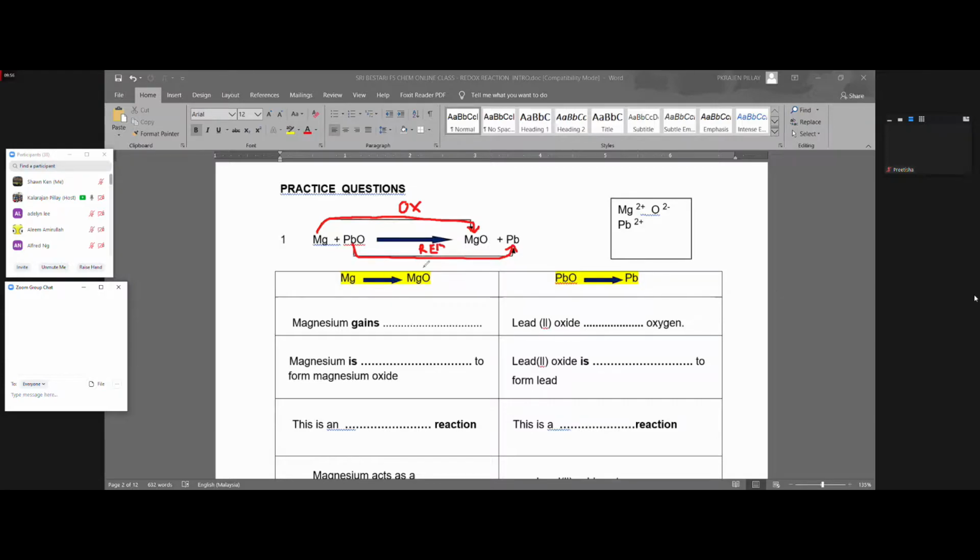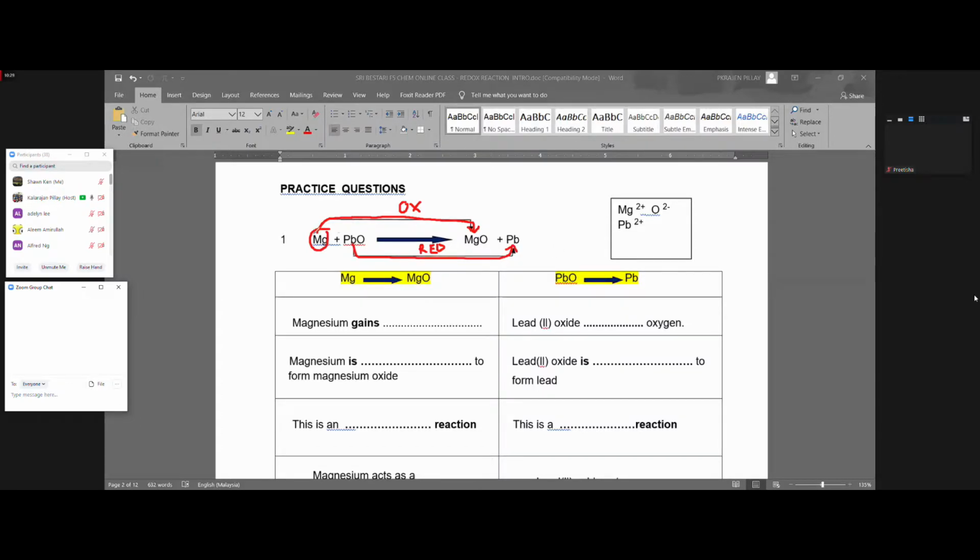Okay, so you can see how to identify the oxidizing agent and reducing agent. The oxidizing and reducing agent will be one of these on your left hand side. They give you 2. One is oxidizing, one is reducing agent. You can see here, PbO has been reduced to Pb. So Mg must be your reducing agent, because PbO reacted with this and it became reduced. PbO reacted with Mg and it became reduced to Pb.